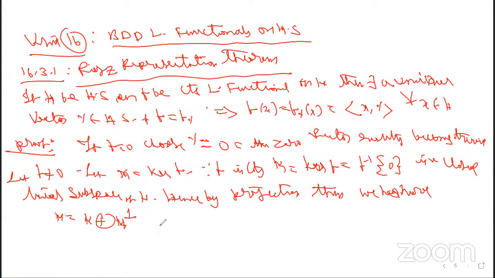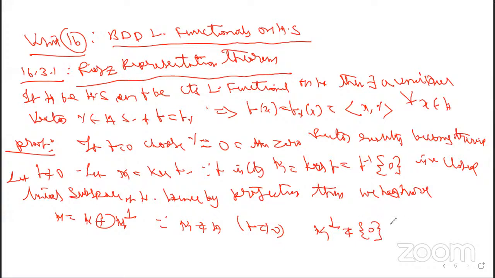Since M is not equal to H, because f is not equal to 0, we have M perp not equal to 0.